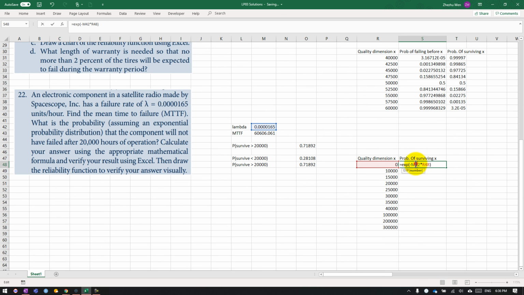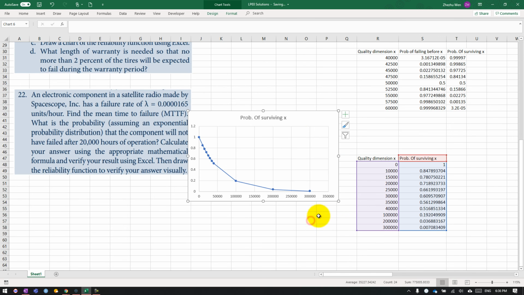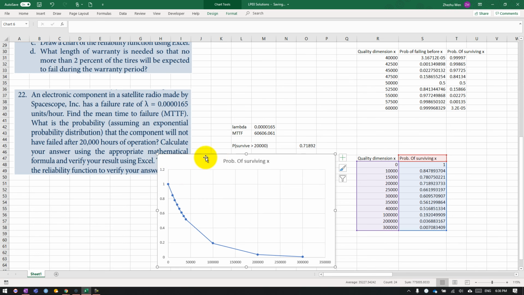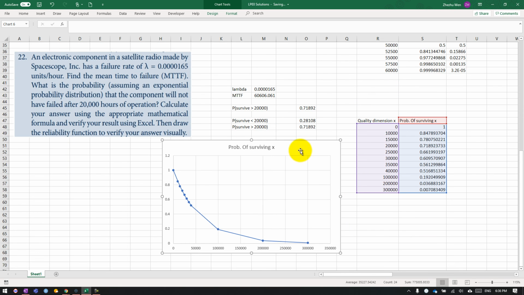What I like to do is press F4, the absolute reference, to fix that. So double click. We got a pretty plausible result, and we need to visually confirm it by drawing the reliability curve. Voila, we have a reliability curve. So it lets us visually verify whatever we have.